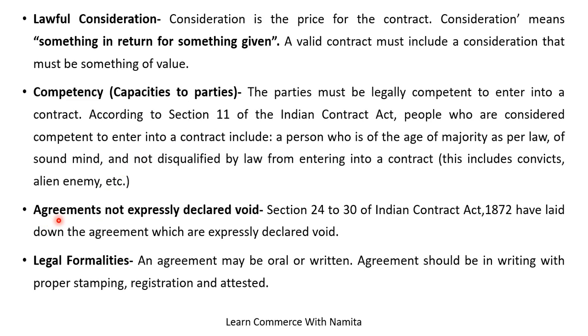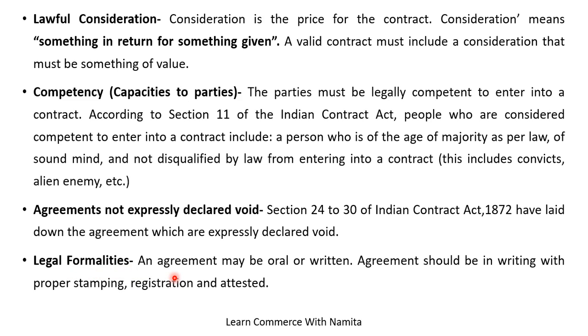Next is agreement not expressly declared void. Sections 24 to 30 of the Indian Contract Act 1872 have laid down the agreements which are expressly declared void. Next is legal formalities. An agreement can be either oral or written.